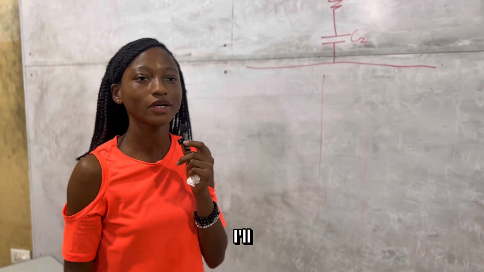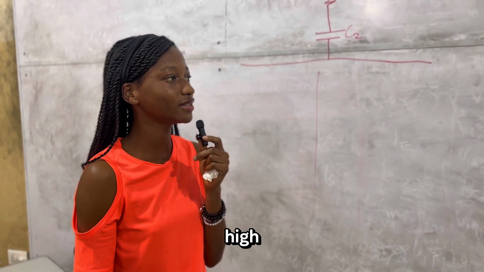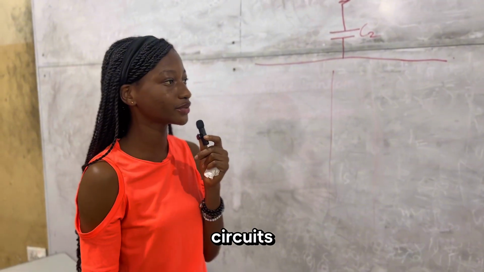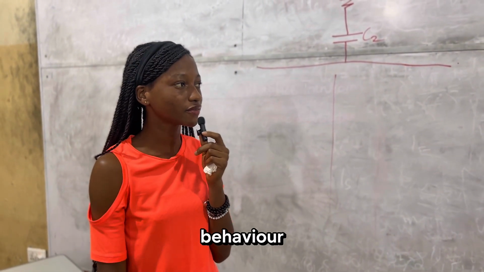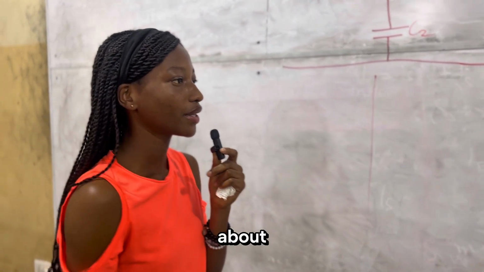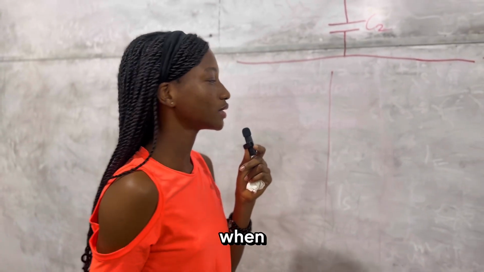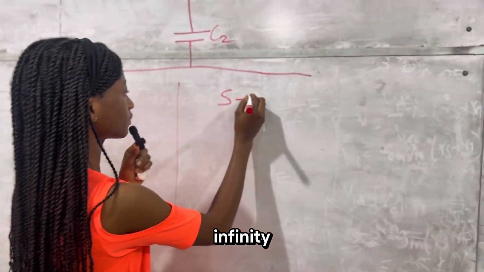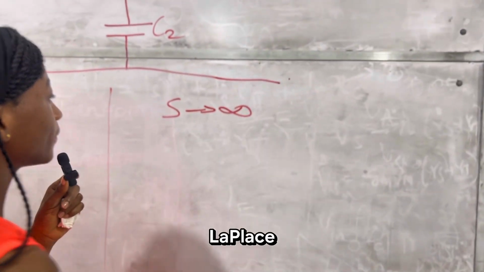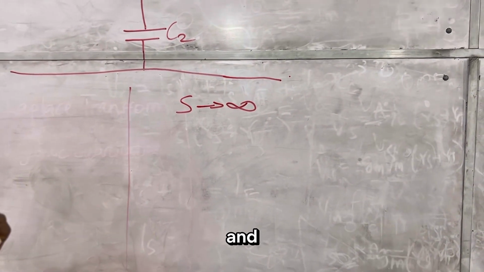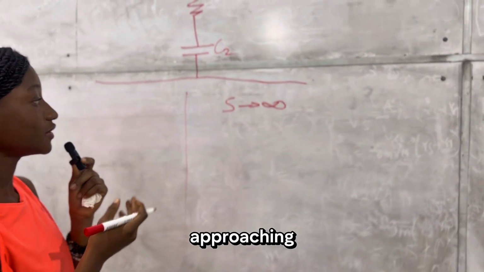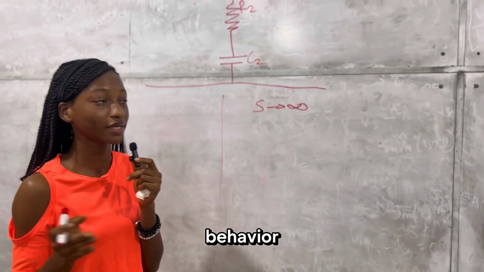I'm Desiree, and I will continue with the high frequency behavior of the circuit. To analyze the high frequency behavior, we'll be looking at the transfer function of the circuit when S is approaching infinity. That's because in the Laplace domain, S represents the frequency, and when it is increasing, that's approaching infinity. That's the high frequency behavior.